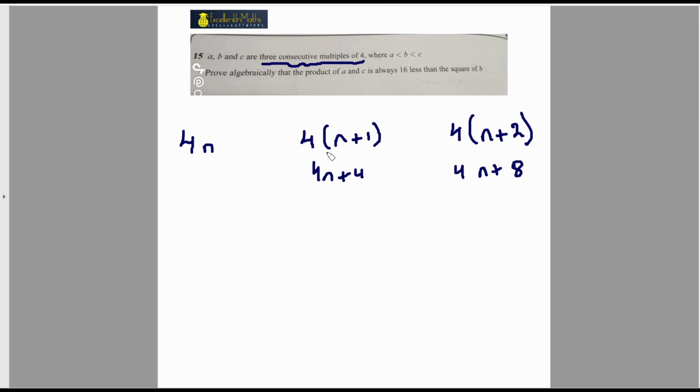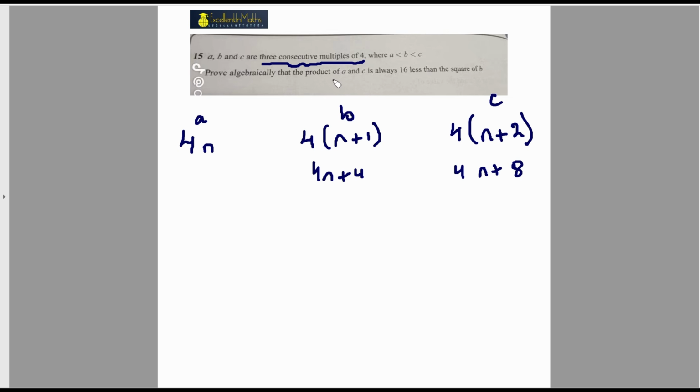So if the first one is 4n, the next one is going to be 4 times n add 1, and then the one after that is 4 times n add 2. From here I get 4n add 4, and this is 4n add 8, because they are consecutive, so it has to be n add 1, n add 2. That is A, and that is B, and that is C.